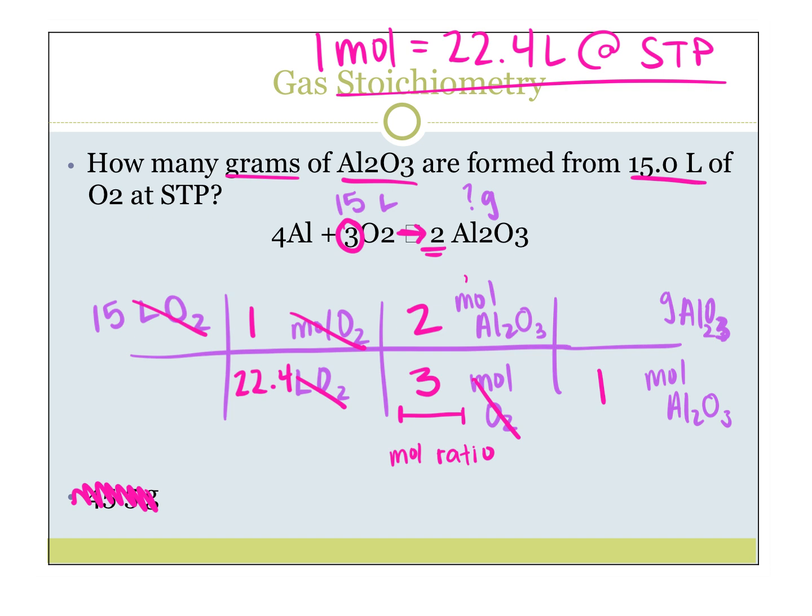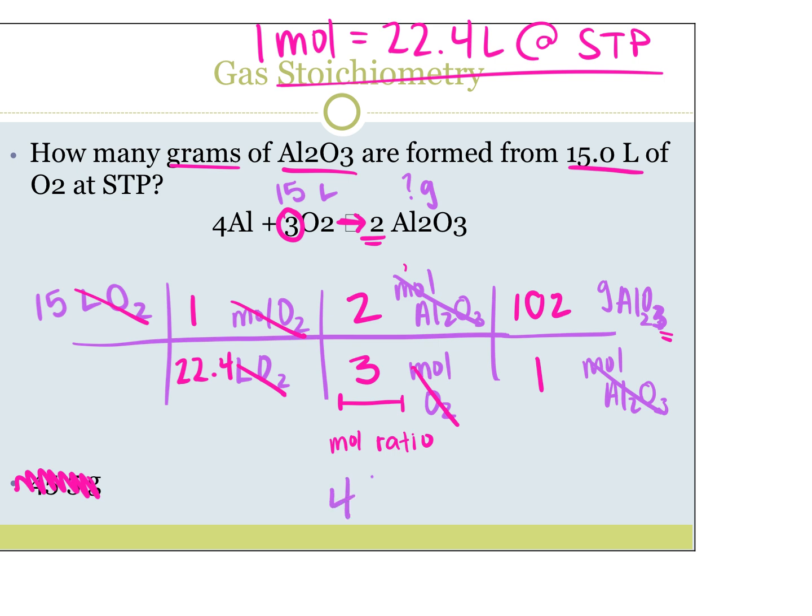Thank you. All right, 102. There we go. Now we're going to do our math, because if I look at my units, all my units have canceled. So 15 times 2 times 102 divided by 22.4 divided by 3 gives me about 45.5 grams of aluminum oxide.